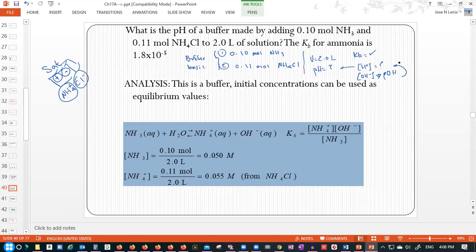So we need that. So this is the procedure.